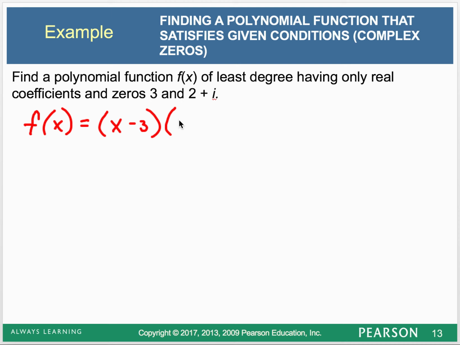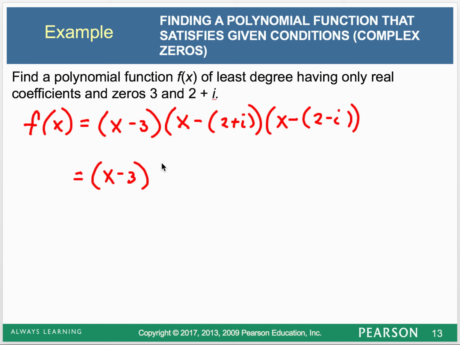So now look how we're going to write this: x minus 2 plus i. Notice it's the same thing I did to the 3, right? I just made it x minus 3. So x minus (2 plus i) and x minus (2 minus i). Which is x minus 3 times x minus (2 minus i) and x minus (2 plus i).